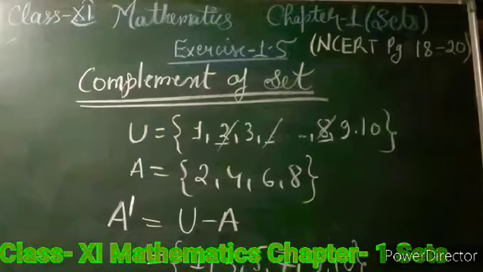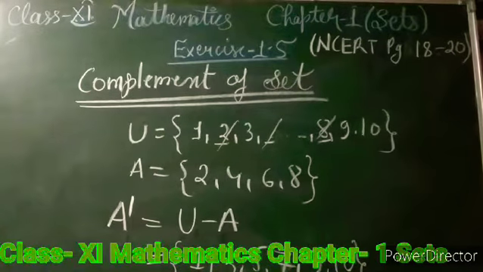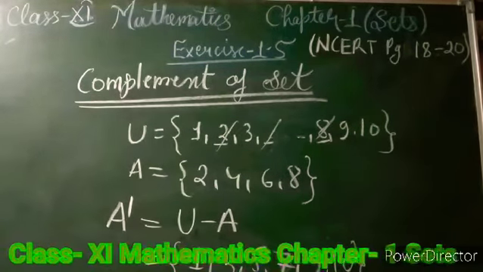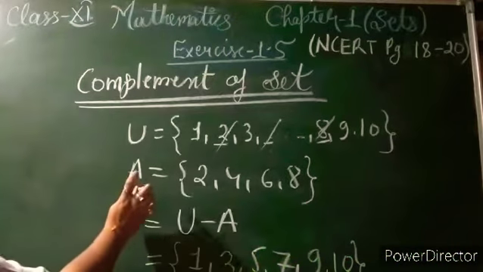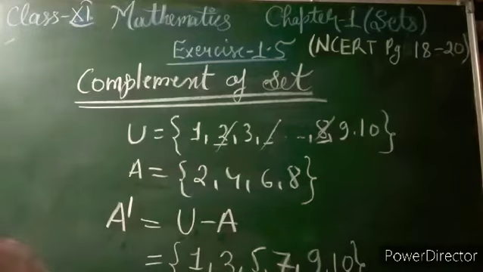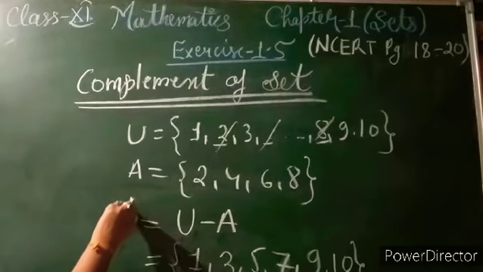Mathematically, let U be the universal set and A is a subset of U, then the complement of set A is the set of all elements of U which are not the elements of A. You see here we take only 1, 3, 5, 7, 9, 10 because they are not in set A. And symbolically we represent the complement like this.